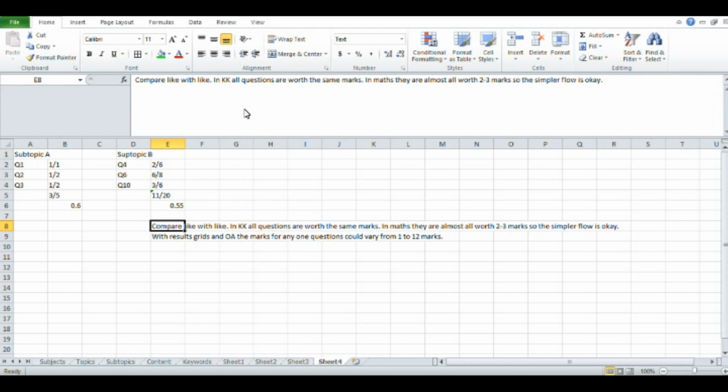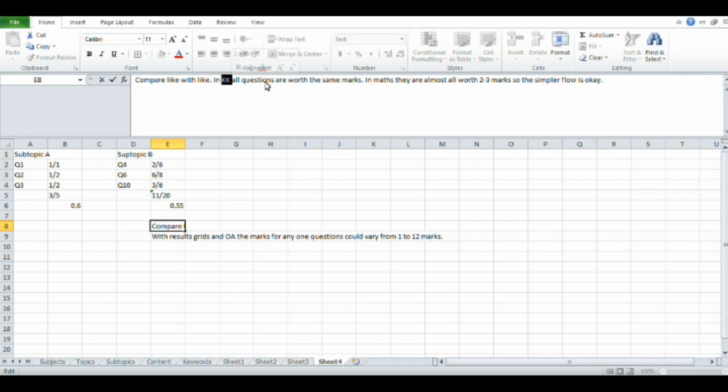In the case of the key knowledge questions, all the questions are worth the same number of marks. They're always 1. So if they get it right, they get 1 out of 1, and if they get it right again, 2 out of 2. That means all the data for the key knowledge quizzes is comparable, no matter what subtopic you're looking at.